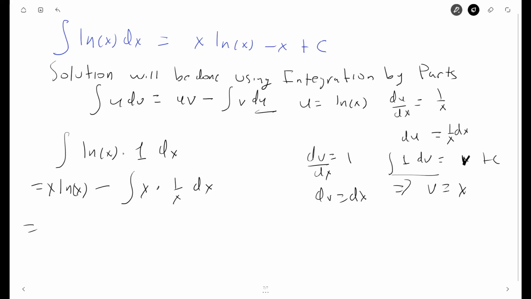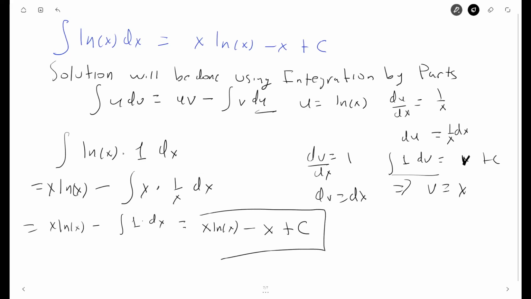So this is equal to x ln of x minus the integral of 1 dx, and that's equal to x ln of x minus x plus c. And that's the final answer we were looking for.